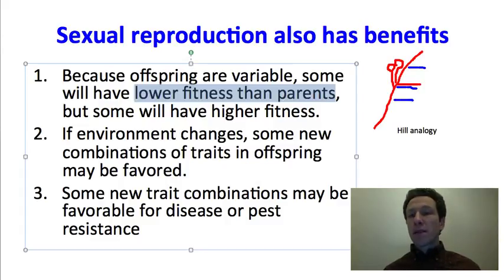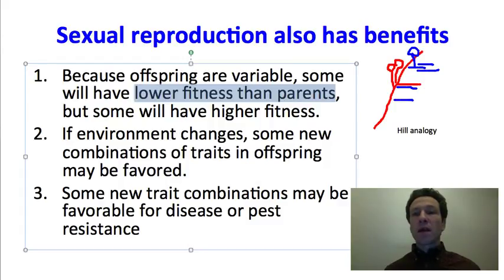Then these plants are going to be the ones that tend to grow better and have more offspring. When they have offspring, their offspring's average fitness is going to be higher than their parents'. And so this is an evolutionary improvement compared to the parents'.